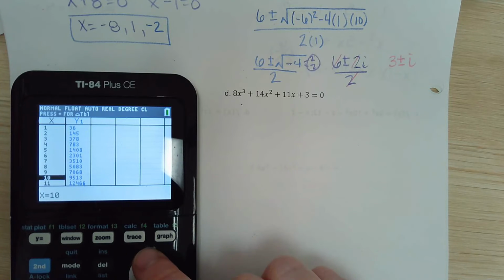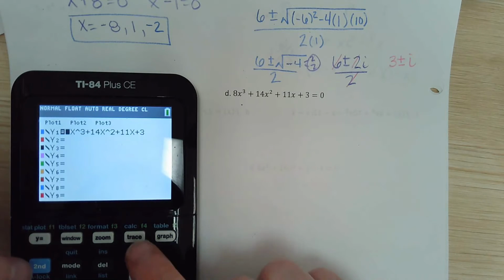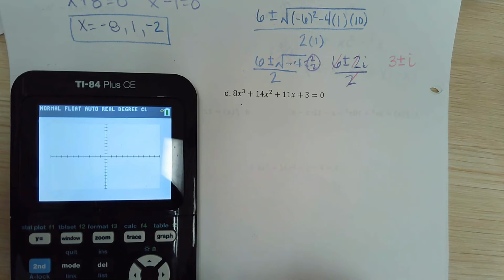And I don't see one. Oh, that's not good. So I'm going to go to graph, and I'm going to calculate out that 0.